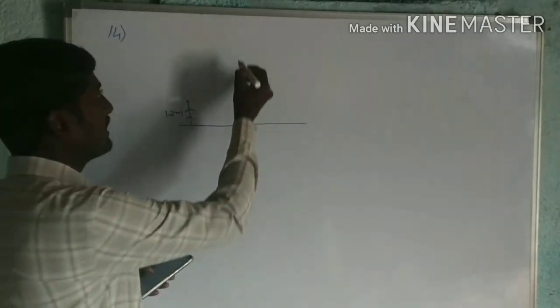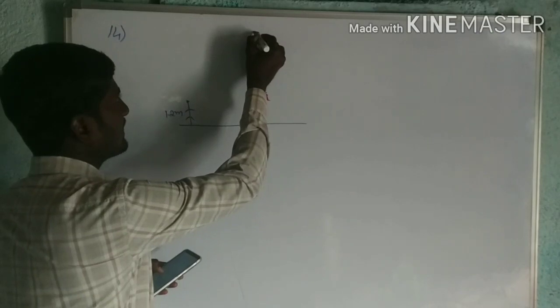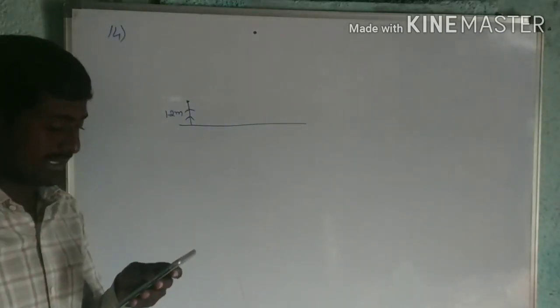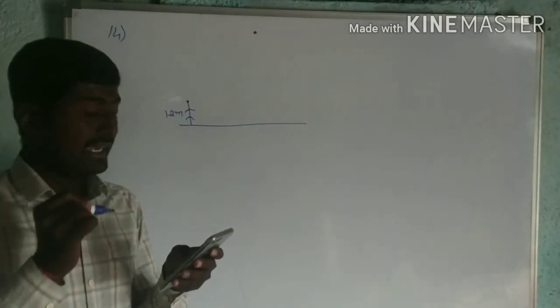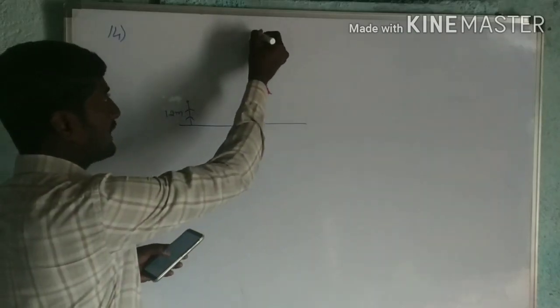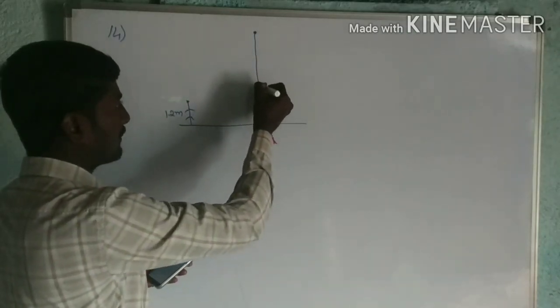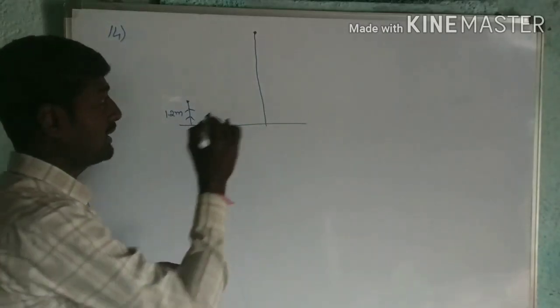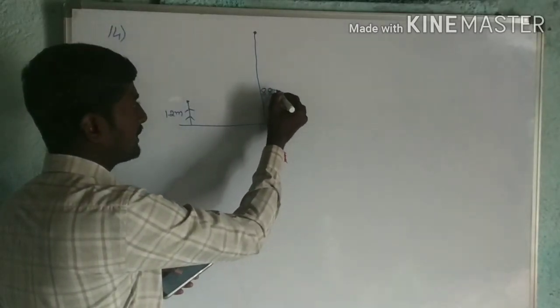Now initially the balloon will be here. Let us take this as the balloon. The height of that balloon from the ground is 88.2 meter.